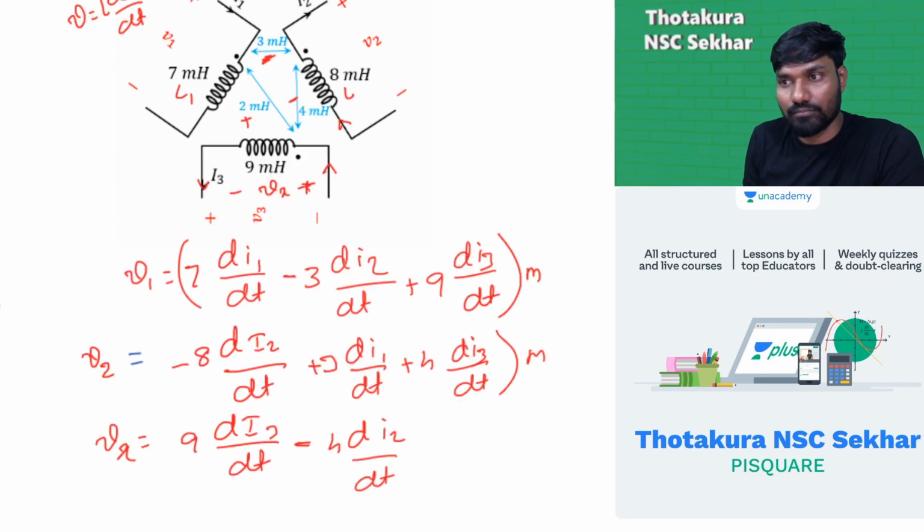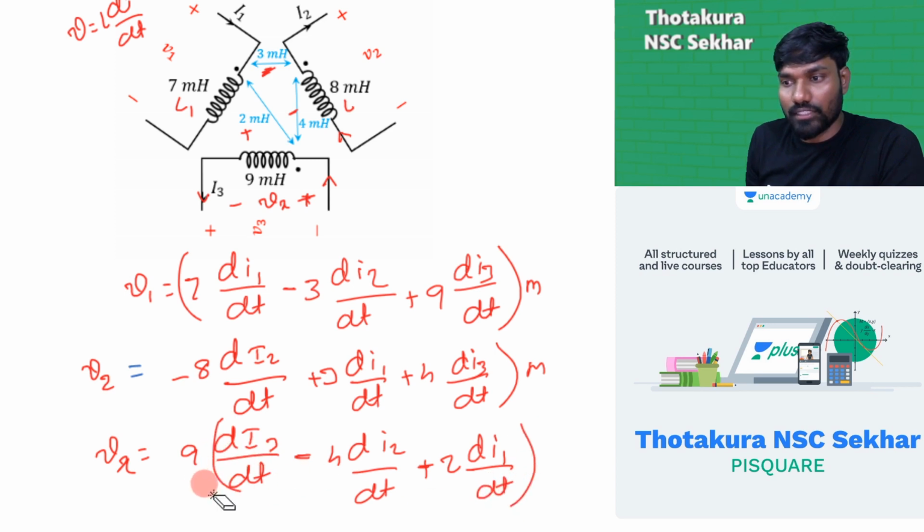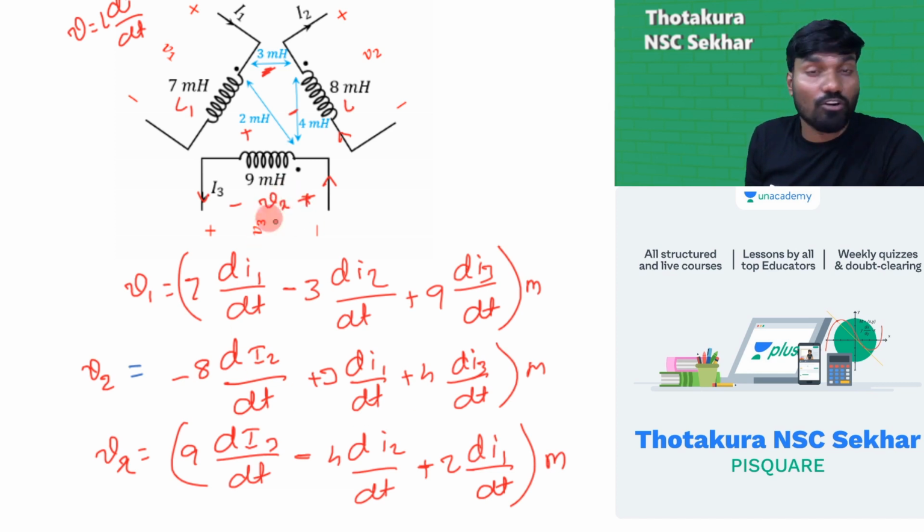Are you following? And between these two, we have positive coupling, right? Plus 2 dI1 by dt. Again, this is Vx, not V3.